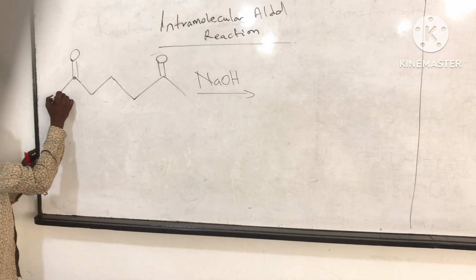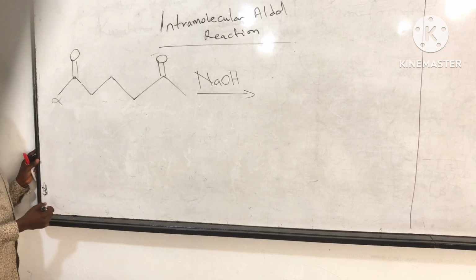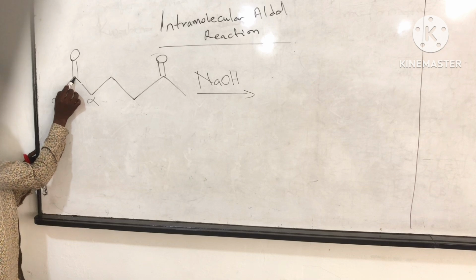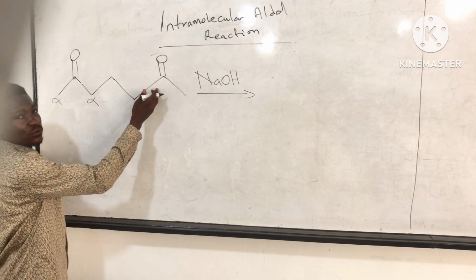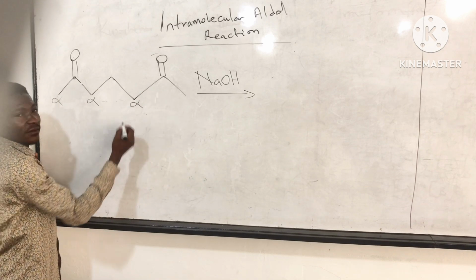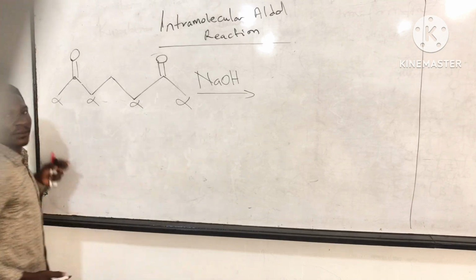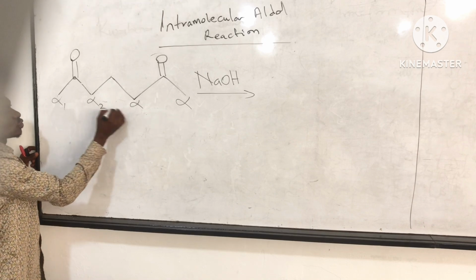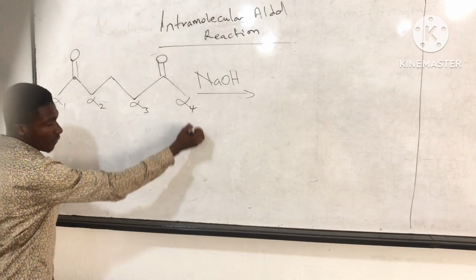So now it means that we have an alpha system here. This is also an alpha system, why? Because it is directly bonded to the carbonyl carbon. When you come to the second carbonyl system too, this is an alpha system, and this is also an alpha system. So you can see that we have alpha carbon 1, alpha carbon 2, alpha carbon 3, and alpha carbon 4.